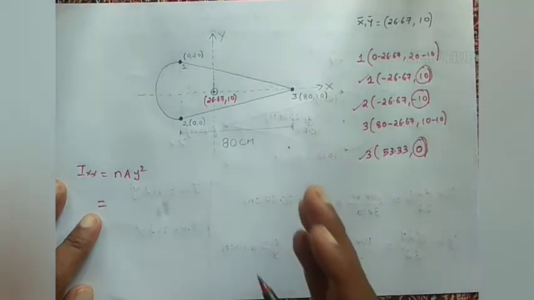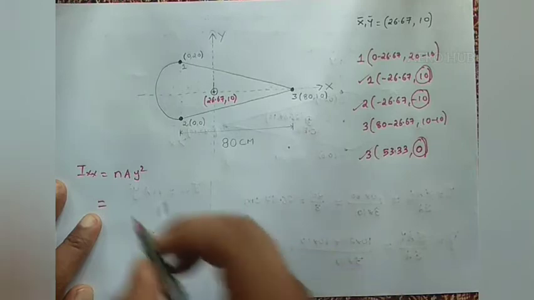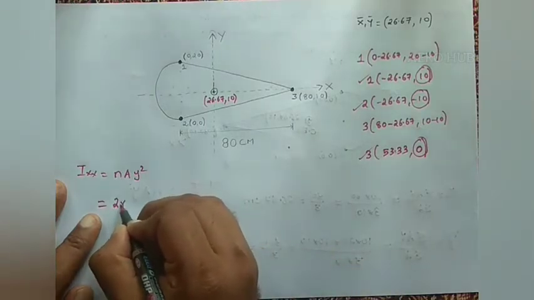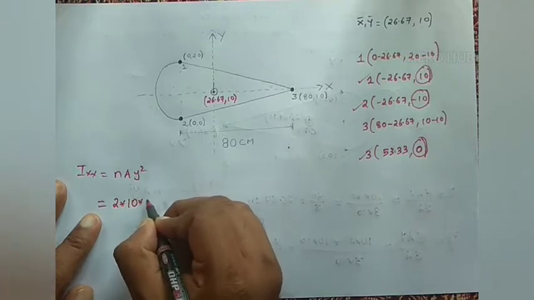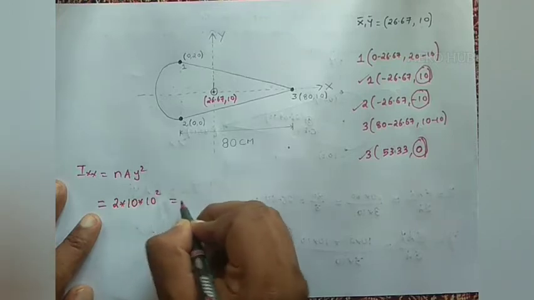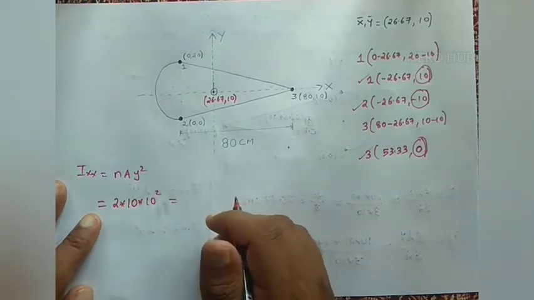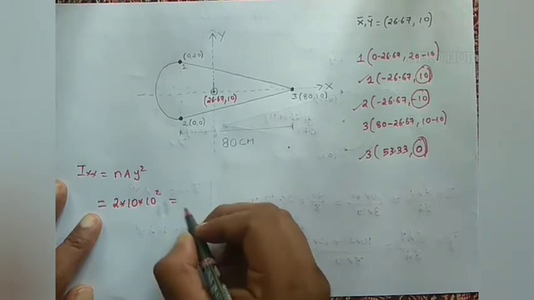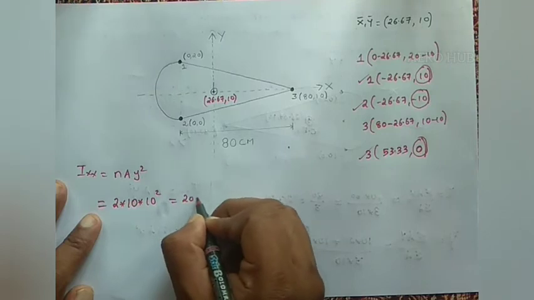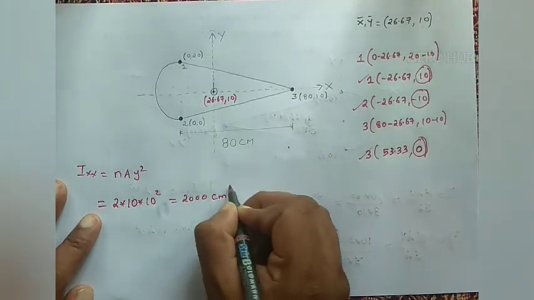So the number of areas we have to consider will be 2. 2 into the boom area 10, and y square is 10 square, which is 100. 100 into 10 is 1000, 1000 into 2, 2000 centimeter power 4.